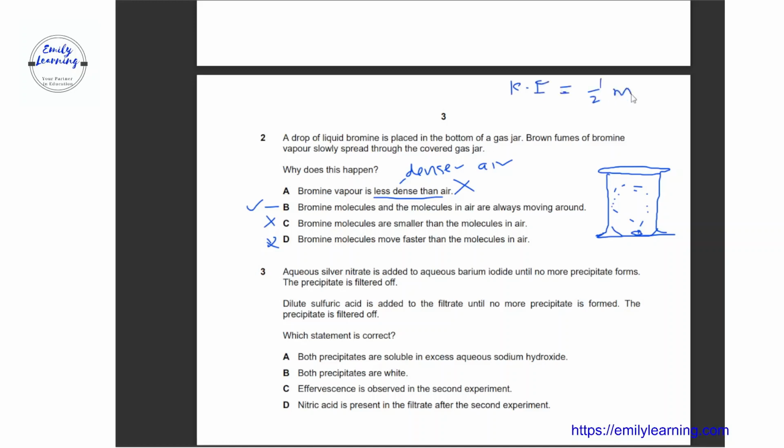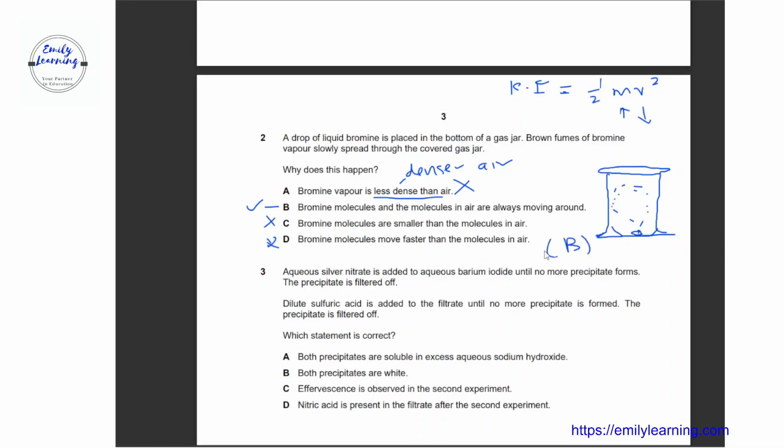Kinetic energy is equal to half mv squared. For the same temperature, the molecules have the same average kinetic energy. So in order to have the same average kinetic energy, the higher the molecular mass, the lower the velocity. But that is not true. So the answer is B.